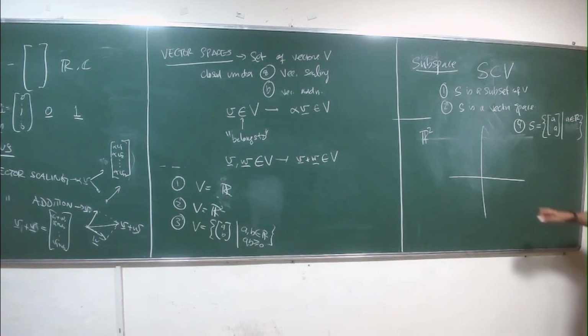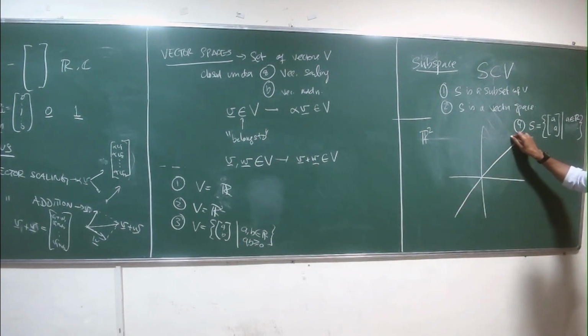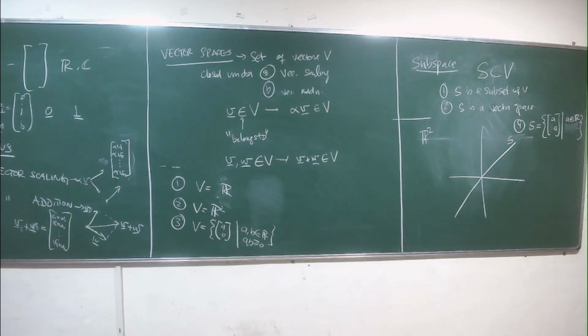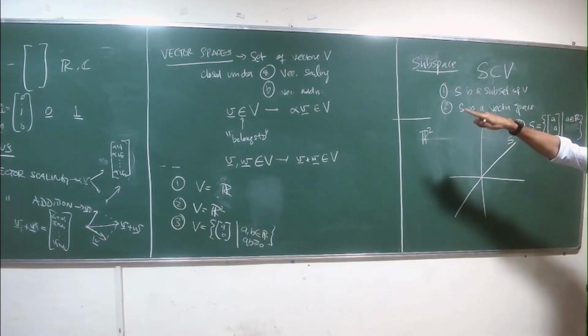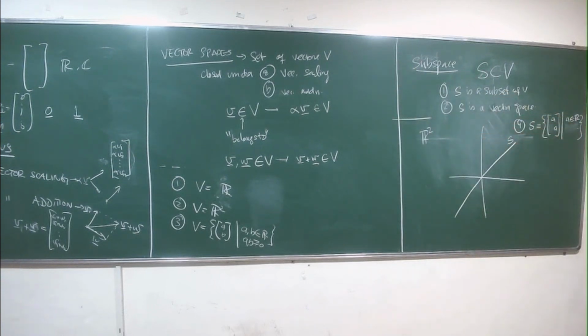Straight line, like this. So this is R2, this is S. So it's clear it's a subset. Is it a subspace of R2? If you're not clear, you simply have to verify these two conditions. Blindly apply the rule. Why is it a vector space?